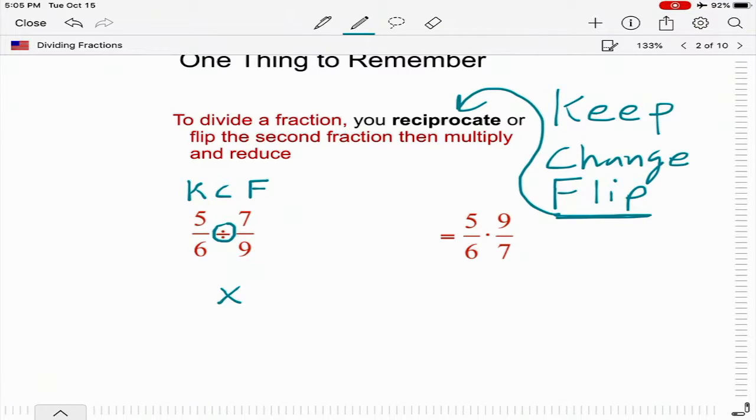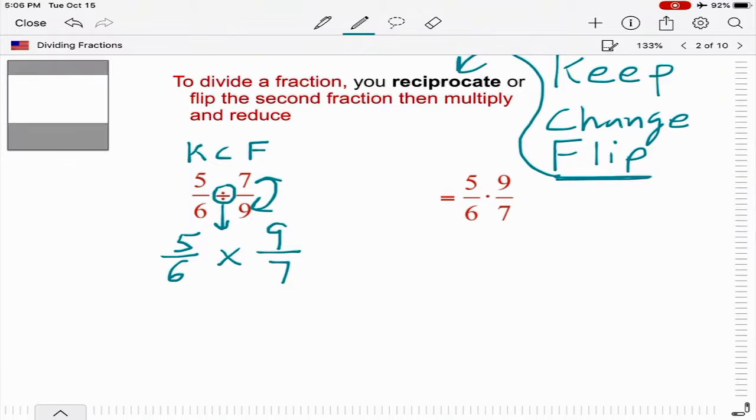So I'll keep the first fraction alone. So 5/6 remains 5/6. I'll change the division to multiplication, which I prefer to do because I don't want to do 5 divided by 7. But then I'm going to flip this fraction. The 7 is going to be on the bottom, while the 9 will be on top. Again, this is called flipping. It's also known as finding the reciprocal of a number.